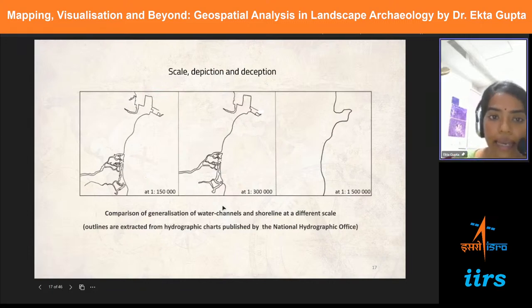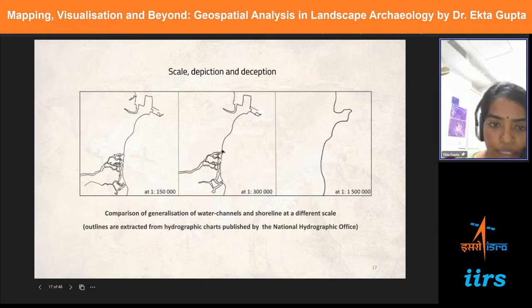Regarding the scale, this is an example where I have put an outline of coastal features at different scales of map. This is the smallest scale map, this is medium, and this is a bit larger. And you see in this map, the map maker has not shown it because it covers a very large area, so they have to show a lot of information. But the absence of this feature doesn't mean that this delta was not present at that time.